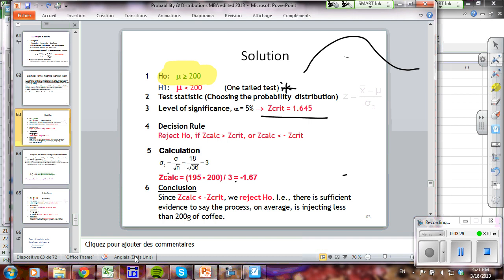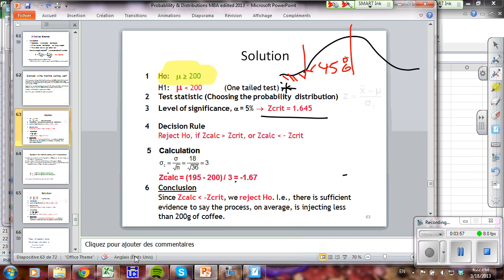Here's a really bad drawing of the normal curve, and here's our mean. We're trying to find the point where there's 5% over here, which means there's 45% between here and here. So that's where we get this 1.645.